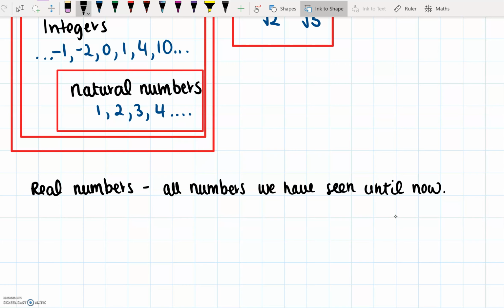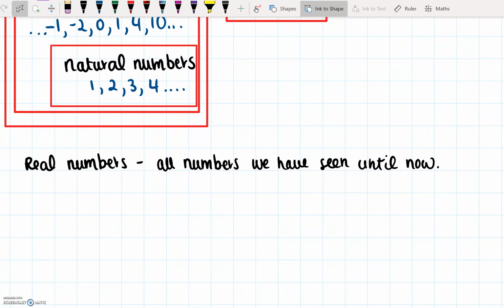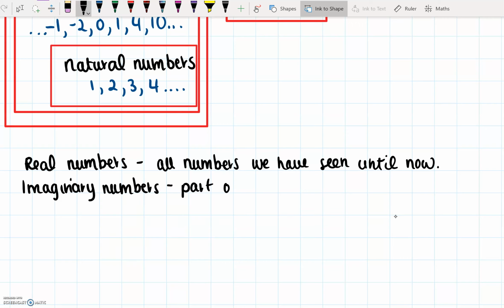Basically, everything you guys have been working with has been a real number. Imaginary numbers are part of another number system, part of the complex number system, and we'll worry about that later. You'll do that in year 4 or 5.